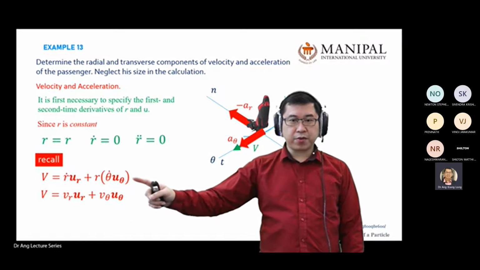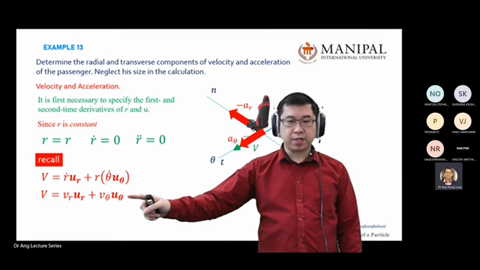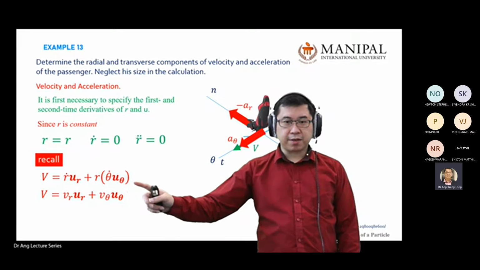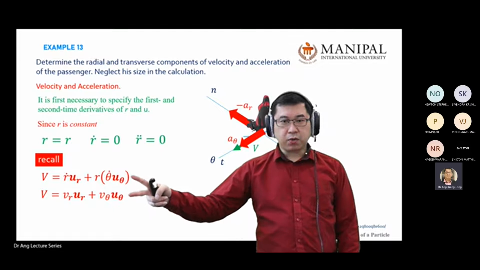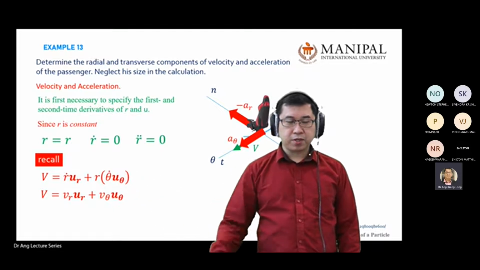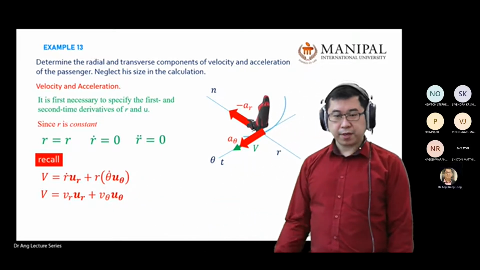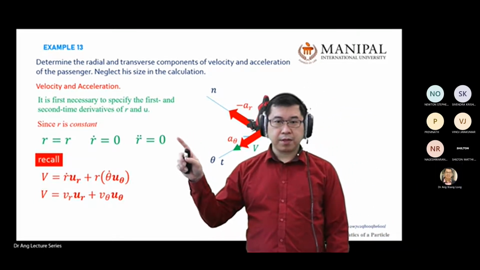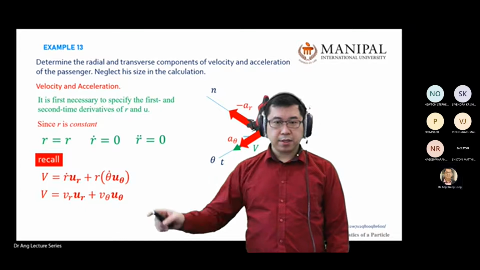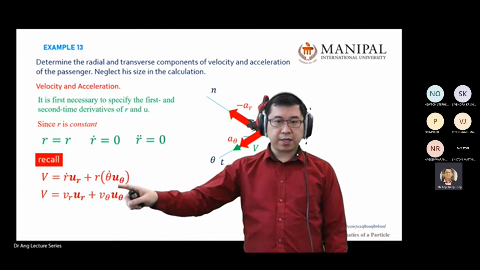You can straight away use this one, or you can use this one if you can translate. But normally when I define velocity in polar coordinates, I will write these two equations so that I won't confuse myself.